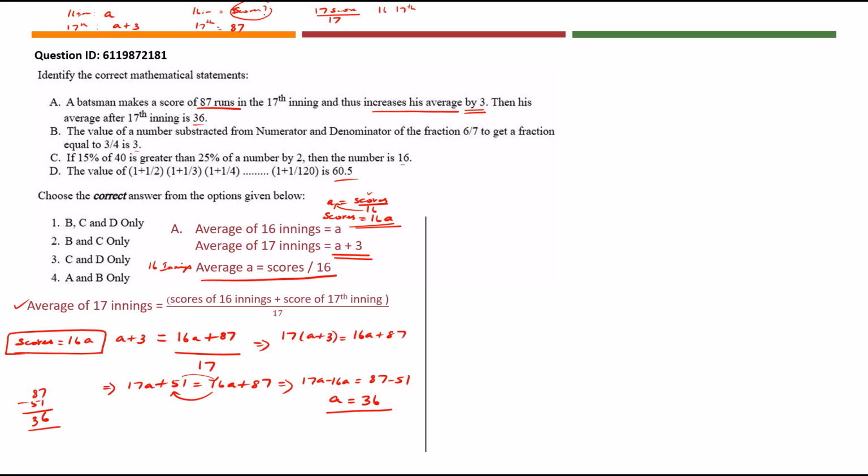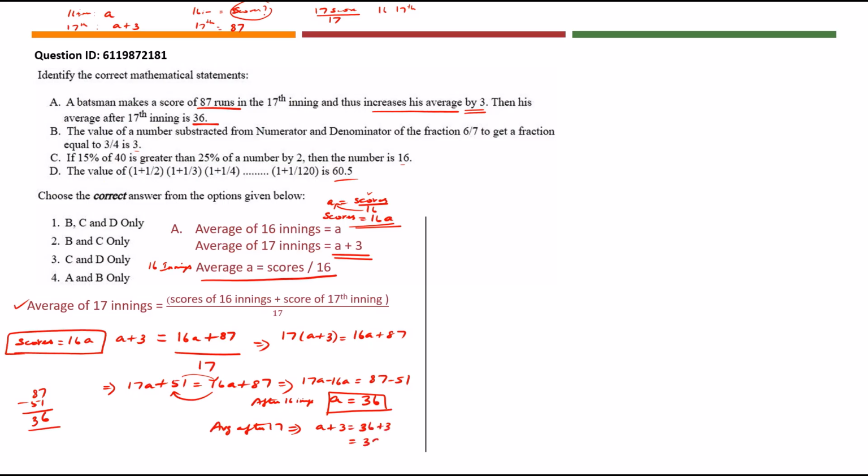Now they say the average after the 17th inning is 36. But what is actually A? A is the average after 16 innings. So what is the average after 17 innings? It will be A plus 3, which is equal to 36 plus 3.